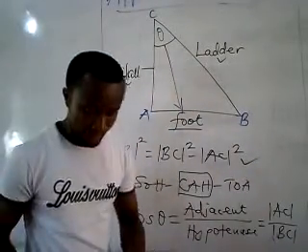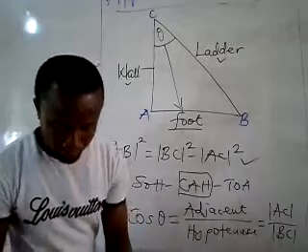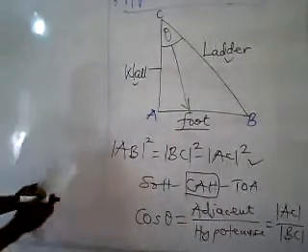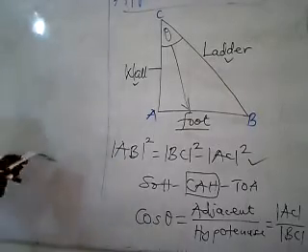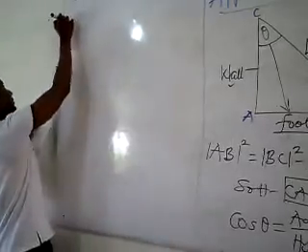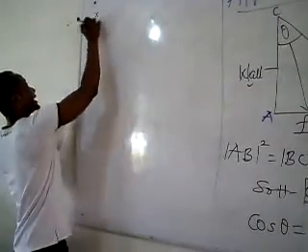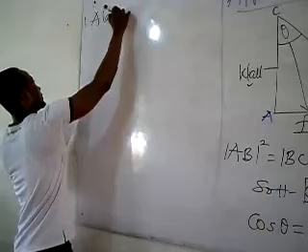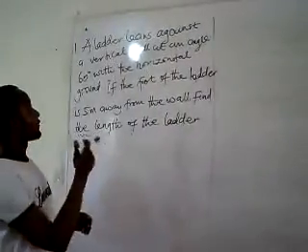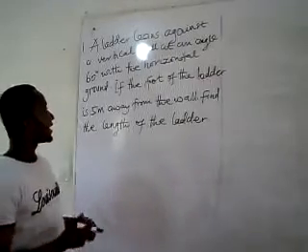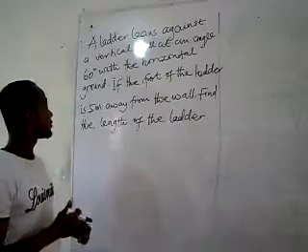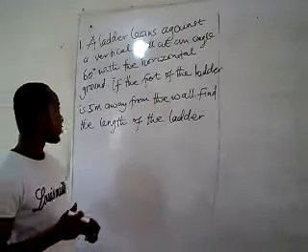Now let's take an example and see if we can determine the angle or any side of the right-angled triangle. Example 1. A ladder leans against a vertical wall at an angle of 60 degrees with the horizontal ground.